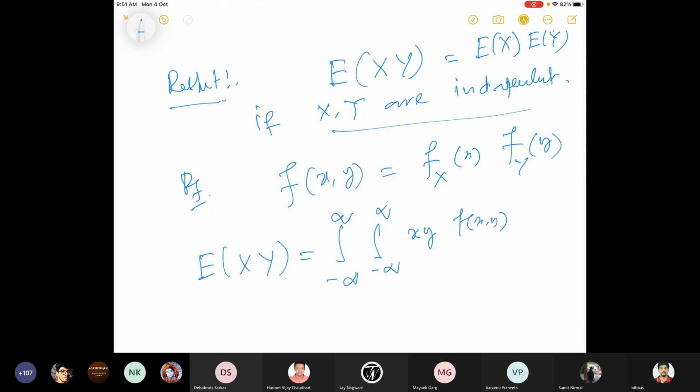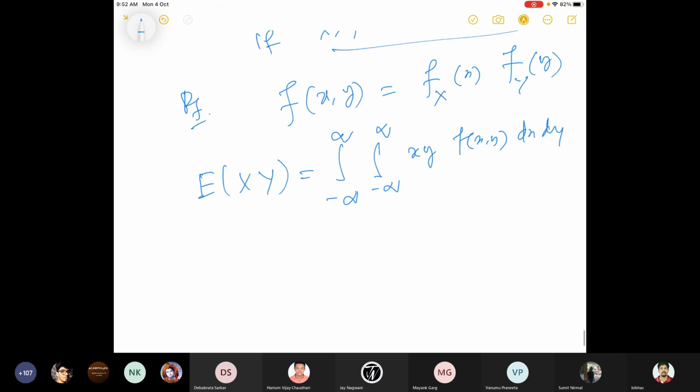For the discrete case it will be a summation, which can be similarly proved, but let me just prove it for the continuous case. f of xy is nothing but the product, so I can write the double integral of xy times f_X(x) times f_Y(y) dx dy.